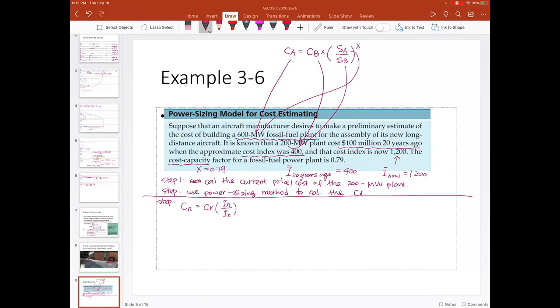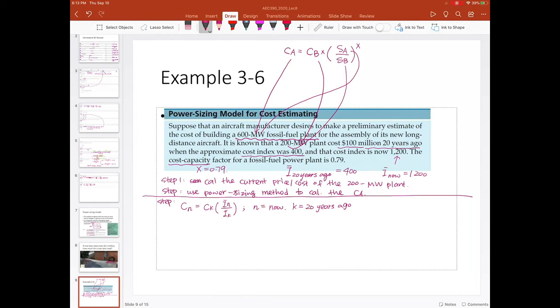And we know that the n is what year is now, okay? So that's something unknown. And we also know that k is gonna be 20 years ago. That's just a year time, okay, compared to the year now.